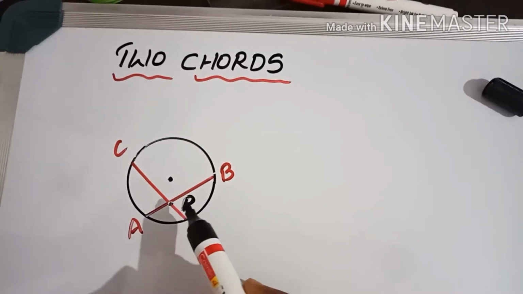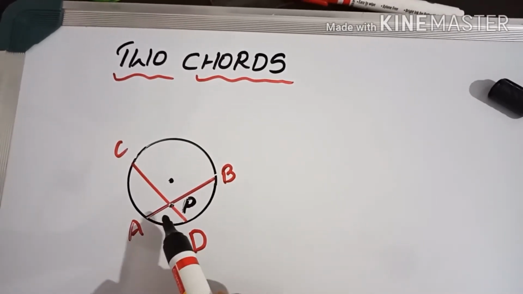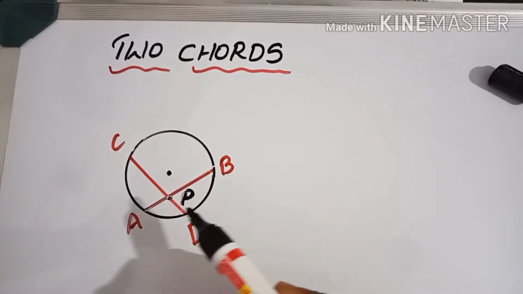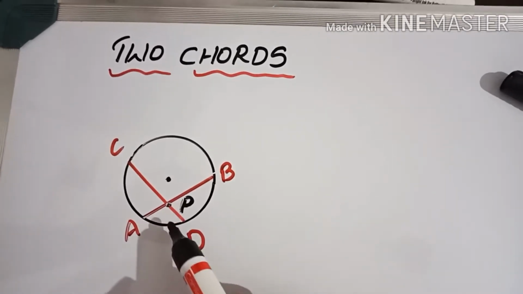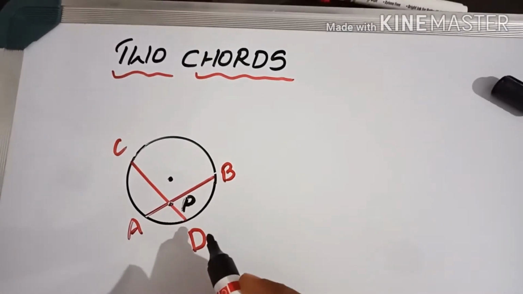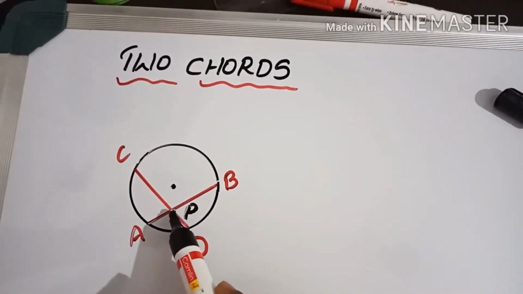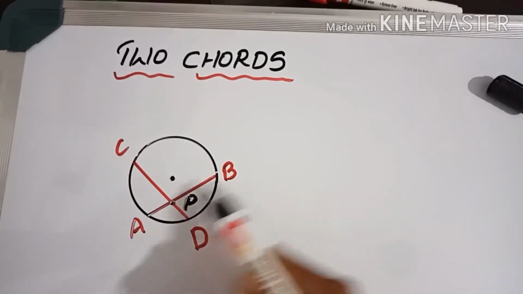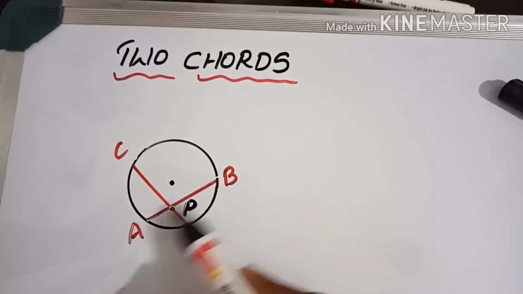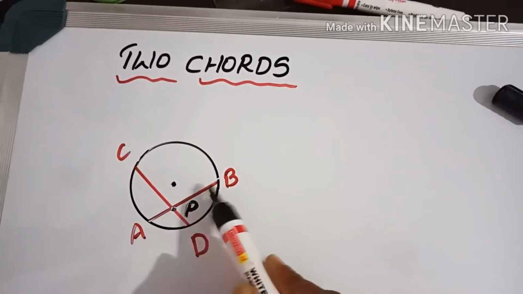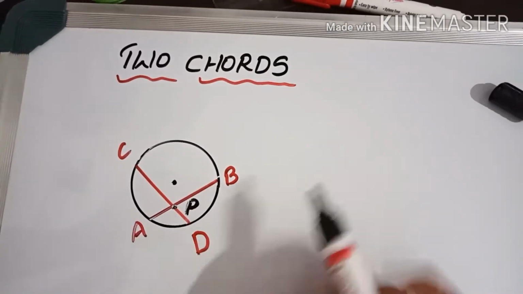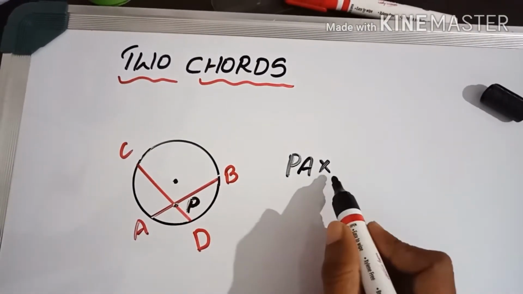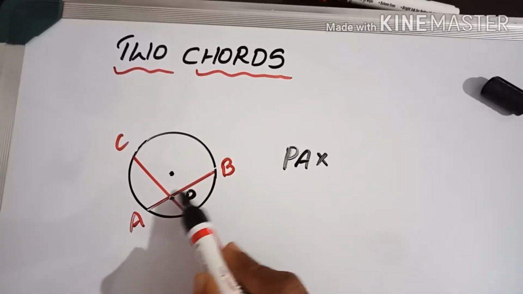This is the first concept. When two chords cross each other inside the circle, it must be inside the circle, then the product of the parts of the chords will be equal. Product of parts means from the meeting point. Here P is the meeting point. For the chord AB, from the point P there are two parts. PA is the first part, and the second part is PB.